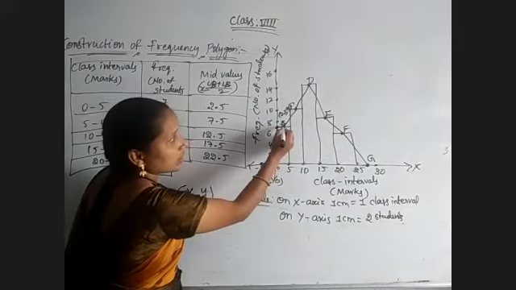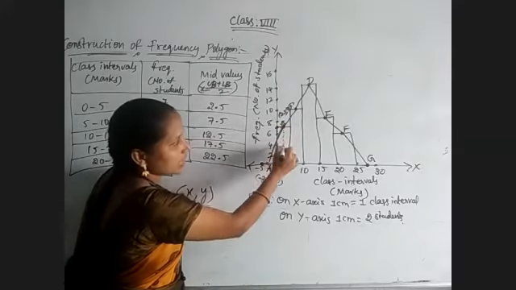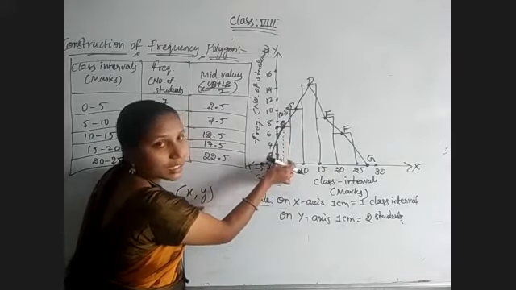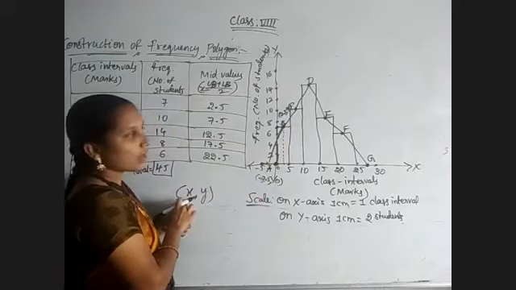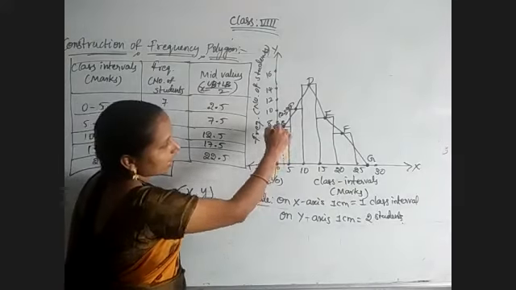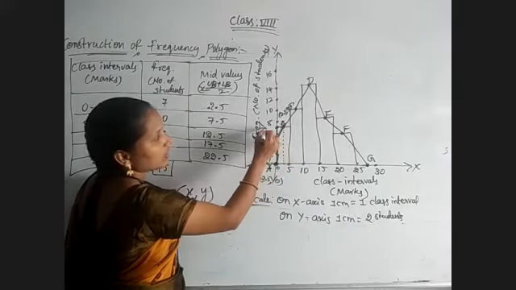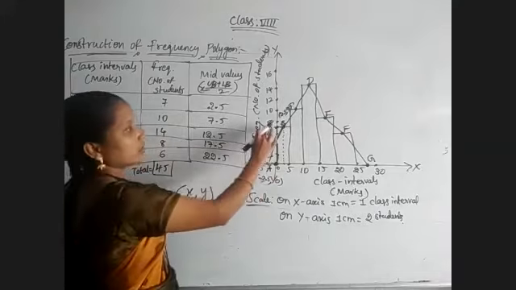Here, just observe, 2.5 is there. So this distance 2.5 is the distance from y-axis, that is x coordinate, and this distance from x-axis is known as y coordinate.